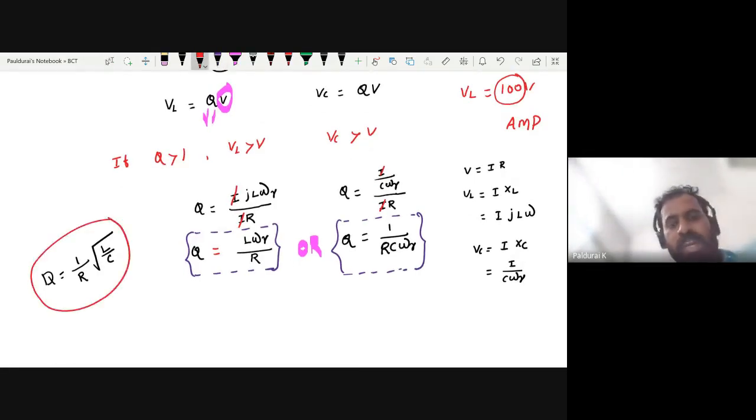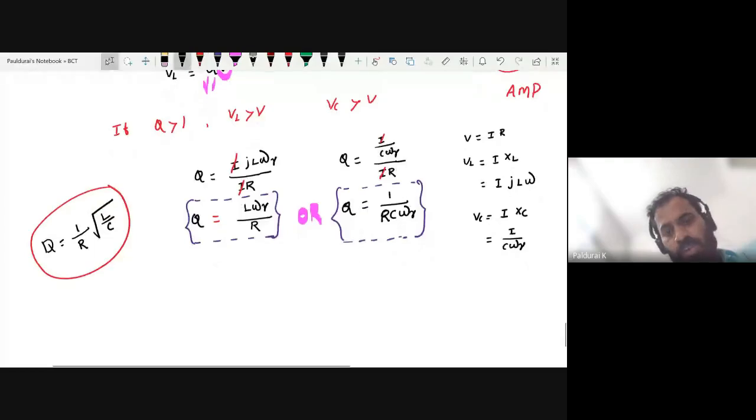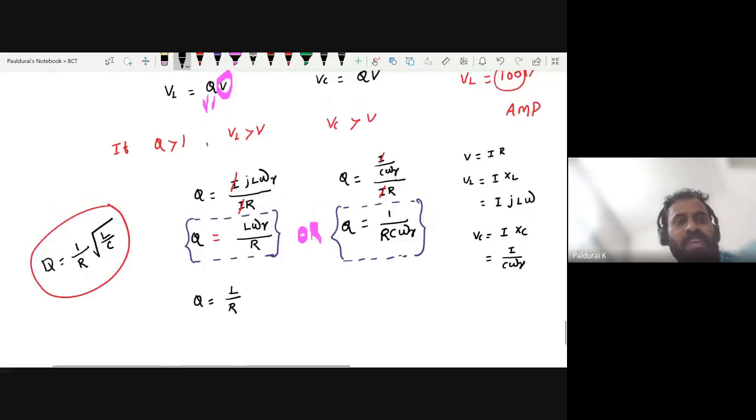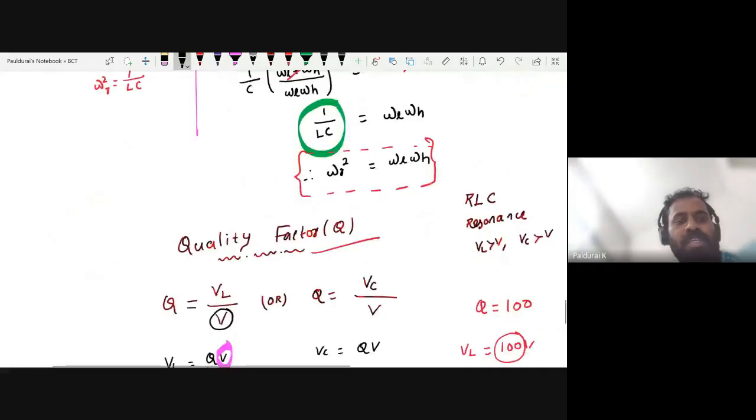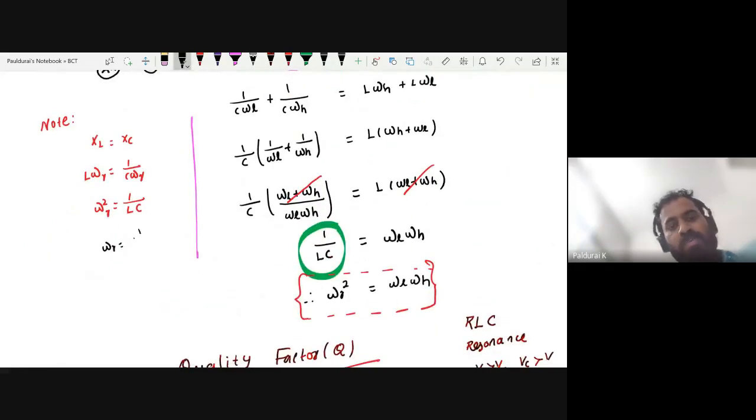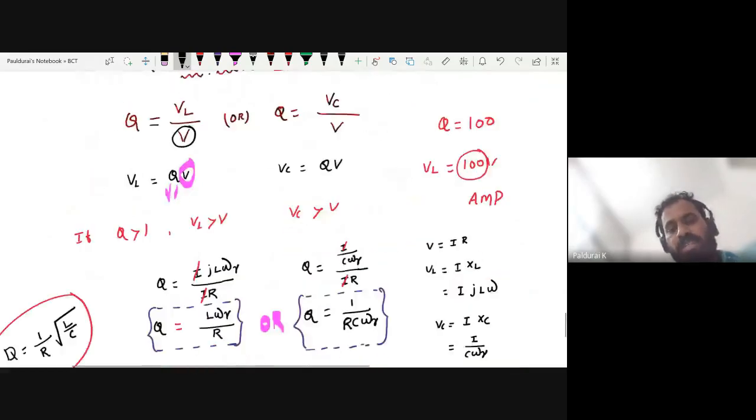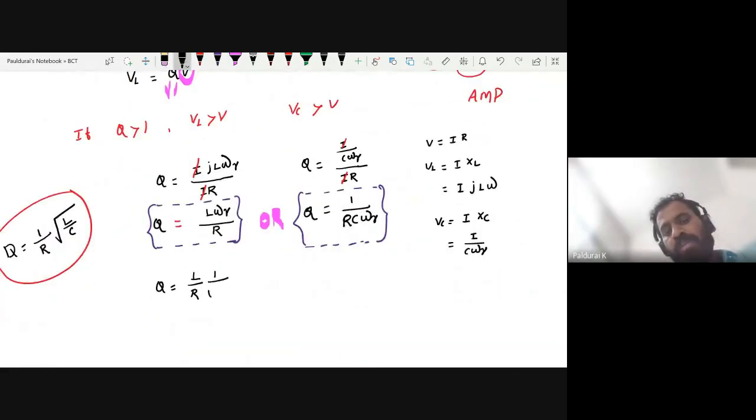How this formula came is quite interesting. Q equals omega_R L by R. What is omega_R? From the resonance relation, omega_R is 1 by square root of LC.